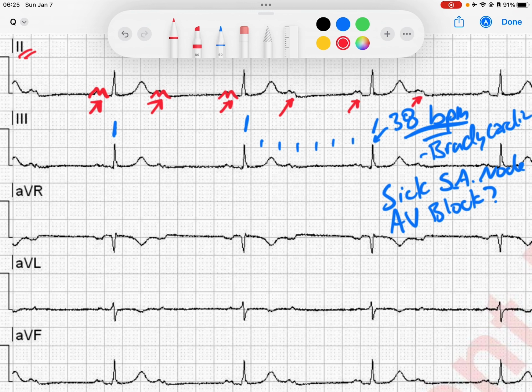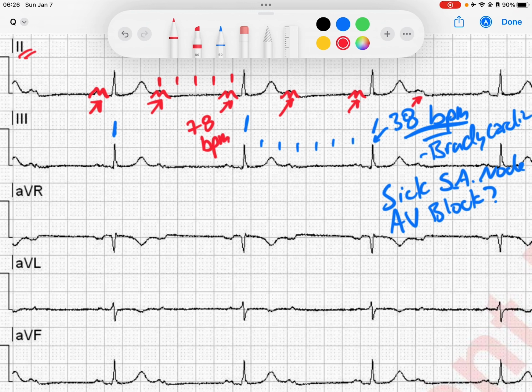And so, as I see, P waves are marching through, and the rate of the P waves, if I mark this P wave, is 300, 150, 100, 75. It looks like it's around maybe 78 or so beats per minute. It's hard to say.